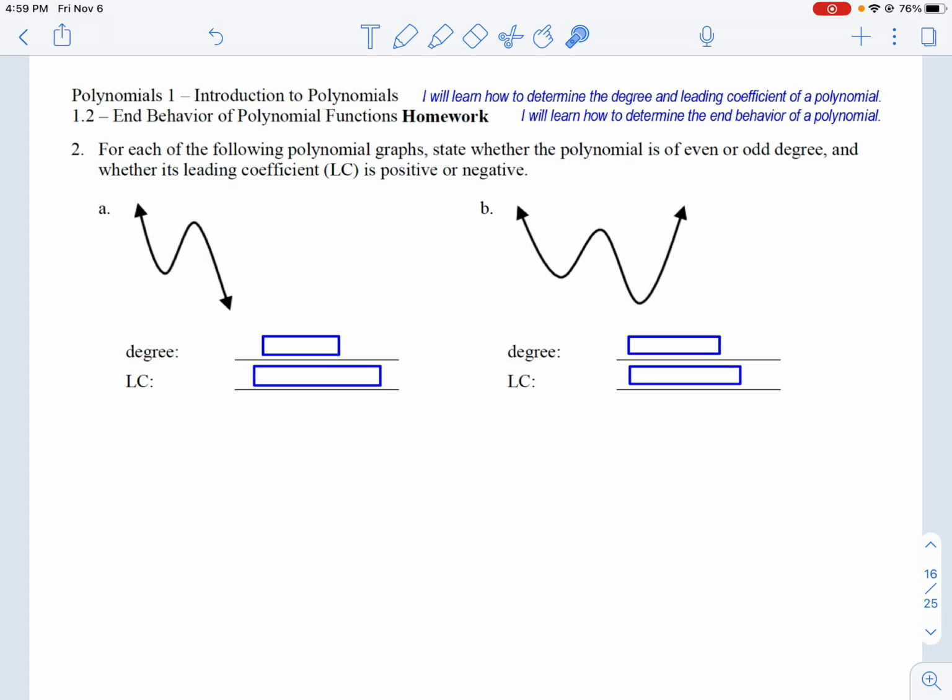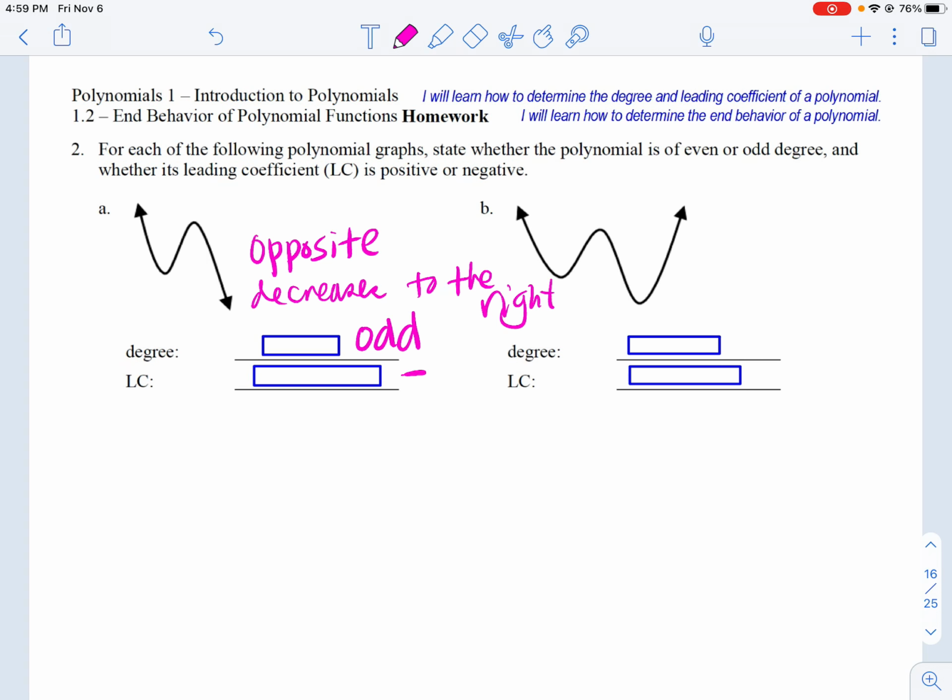Because it's in opposite directions, I know that the degree of this is odd. And because it decreases to the right, I know that my leading coefficient is negative.